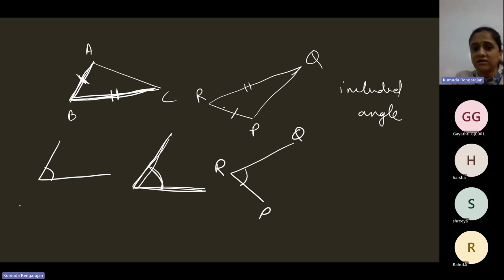Angle R is the included angle. The two sides you're talking about in one triangle will be the arms of that angle, which is called the included angle. That's all it is. Now, let's understand included side.